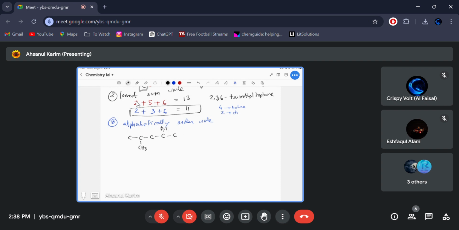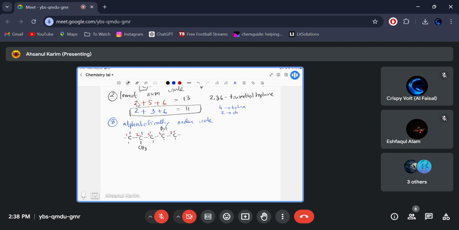Look, Ishfaq, I'm not adding the hydrogens to the carbons, I think you understood, right? There will be hydrogen attached to every carbon. Let me know, Ishfaq, if you have any problem with it. Ishfaq, are you having a problem understanding? No. Okay, very good.